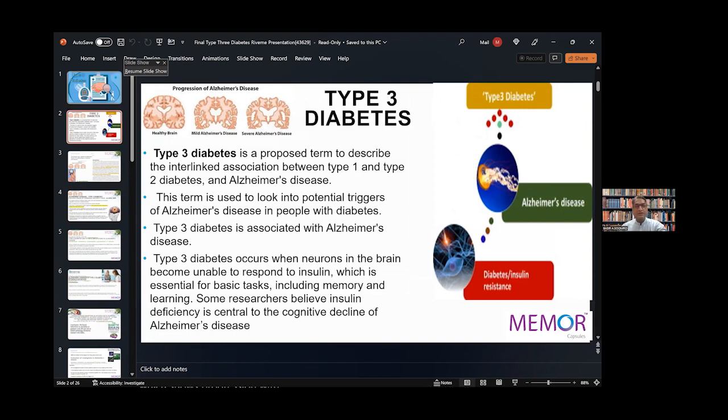Number one is the memory loss because there is a hippocampal atrophy of the brain, and these hippocampal areas get degenerated and get smaller in size. In layman terms, we can say the hippocampal areas are the memory cards of the brain.